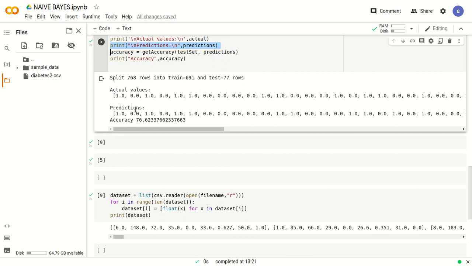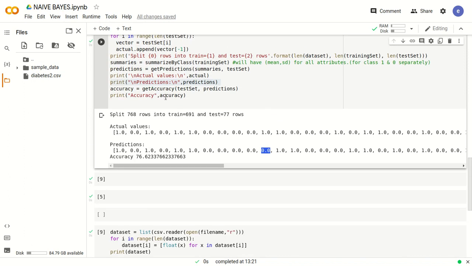Just to appreciate the output, let us see the first row in the 77 rows we have considered for the testing data set. The last column is 1, so it is matching. The second row is also matching. For many it matches. We can see here that for some row in the testing data set, the actual outcome value is 1, but it has predicted 0.